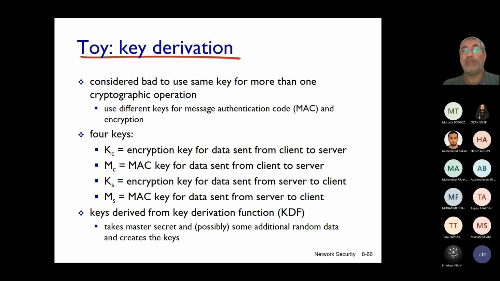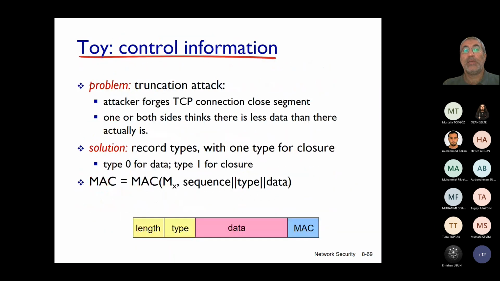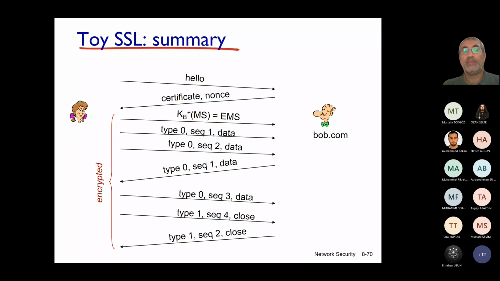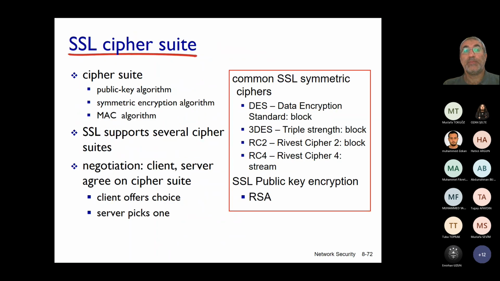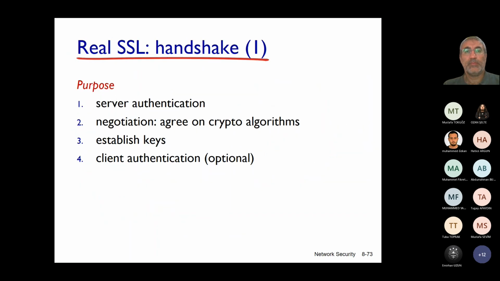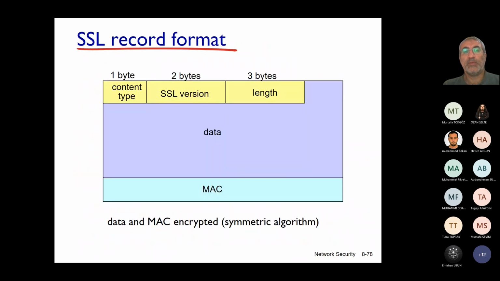And then we have the key derivation, and then data records, and some details I'm skipping.